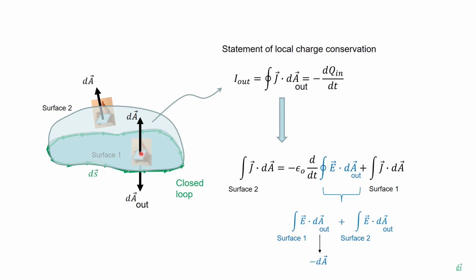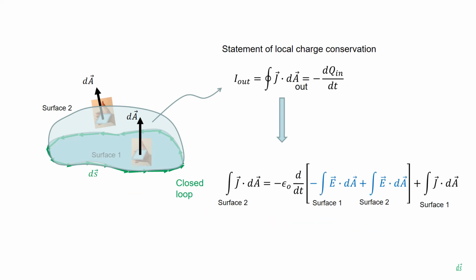So for surface number 1, we replace dA out by minus dA. Surface number 2, we don't change anything because already dA out is in the correct direction, where you use the right-hand rule to get the relationship between the ds vectors and the dA vector. So let's replace dA out, you get that, and back into this equation, you get these two integrals.